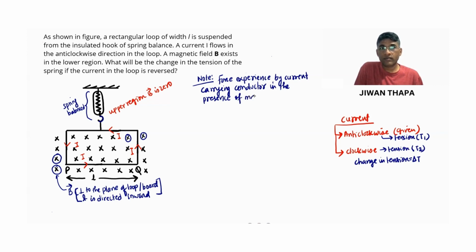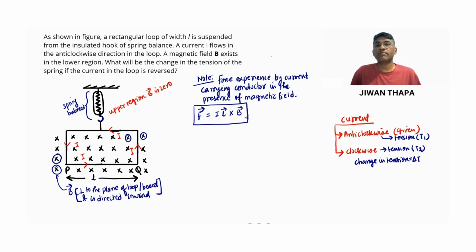Let us denote the force by this symbol. Force equals the cross product of the current element and the magnetic field.